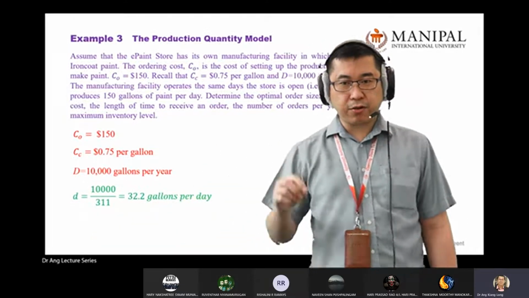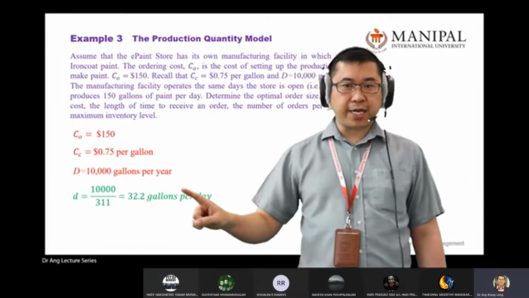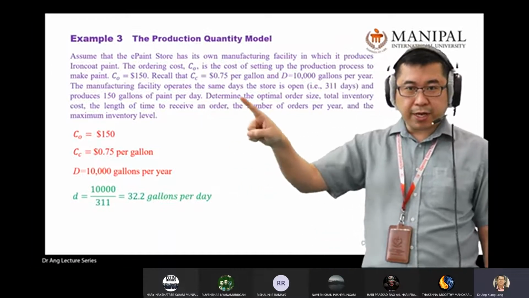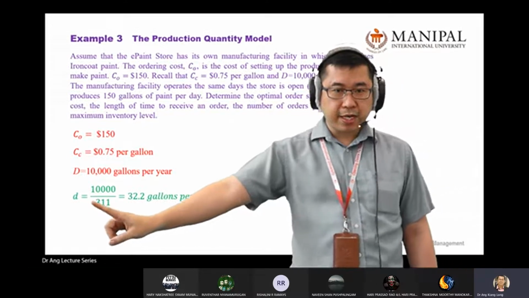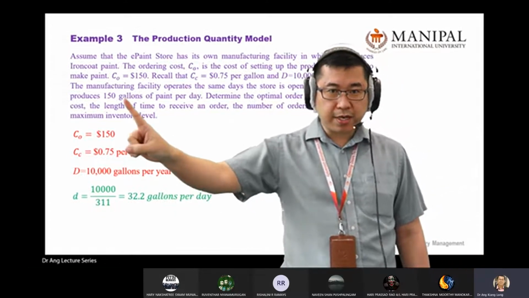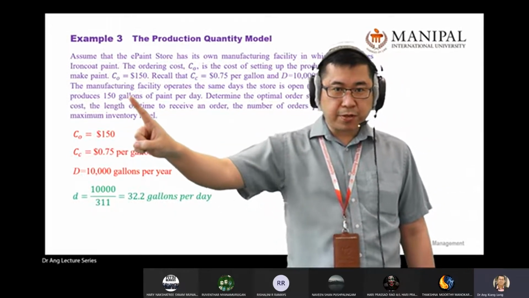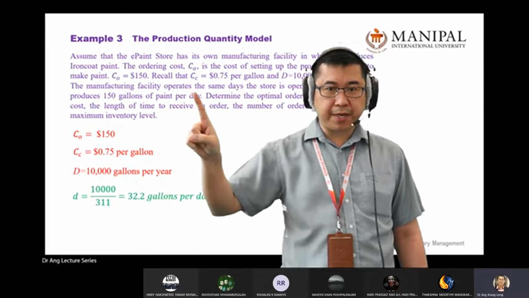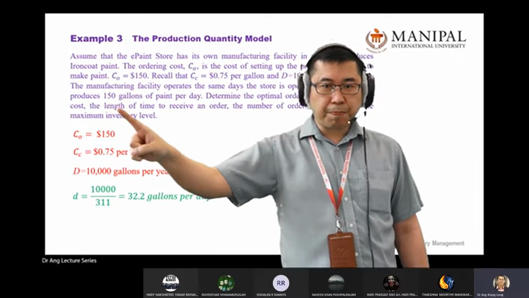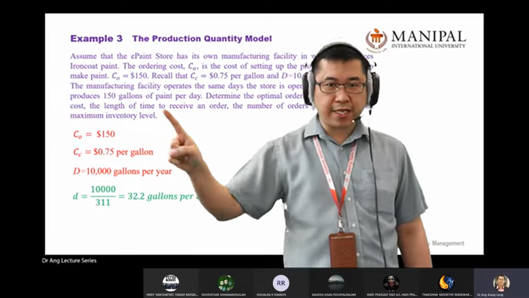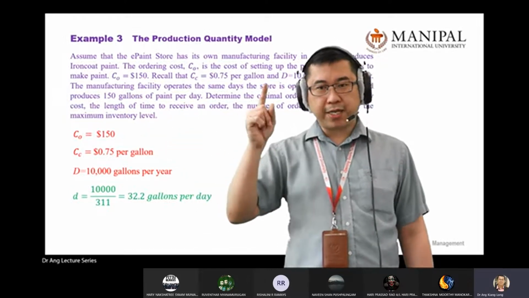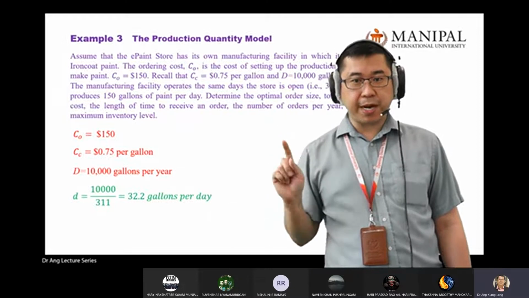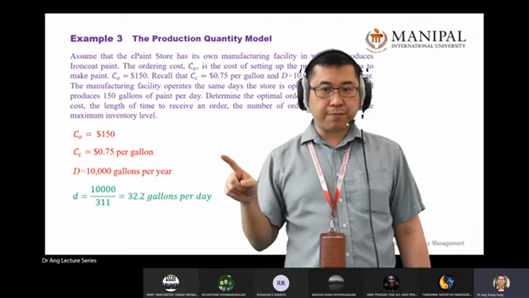So you calculate what the capital D is, annual, per year. The small d that you use to calculate is per day, because some of it is given in per day. So that's why, especially this one. You see this one, produce 150 gallon paint per day. This is your P, small p, per day. So you need to balance because you take your d divided by P. So the unit must be balanced.